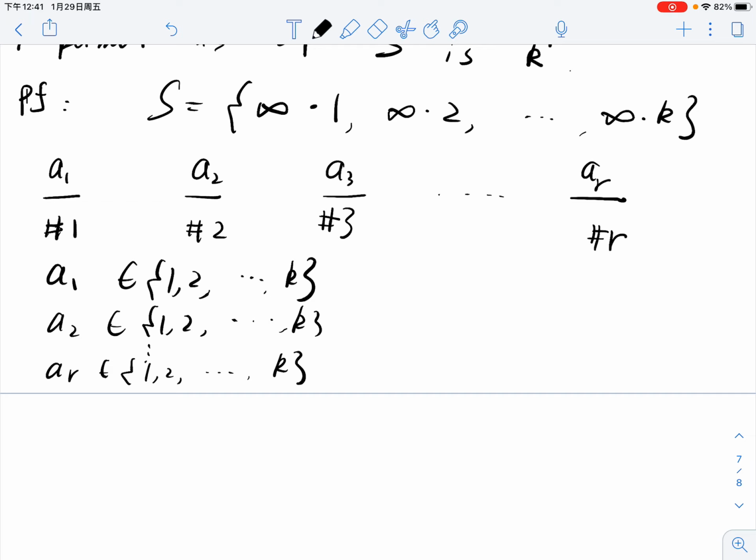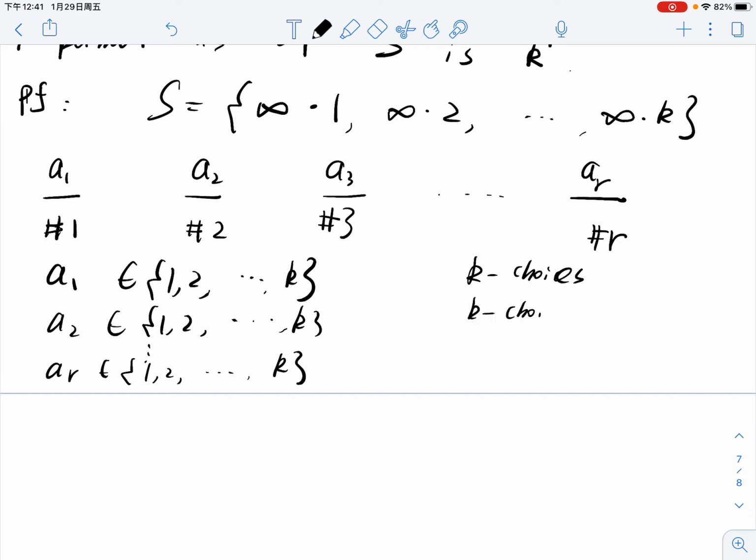So no matter what you choose for the previous a's, ar can still be chosen from 1 to k. So you have k choices each time.